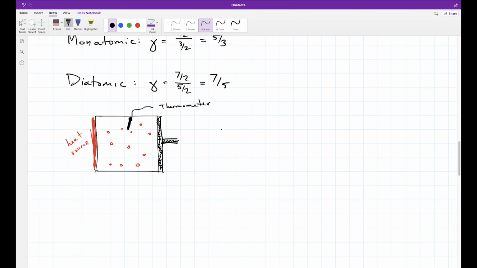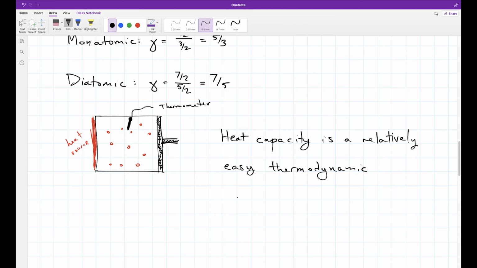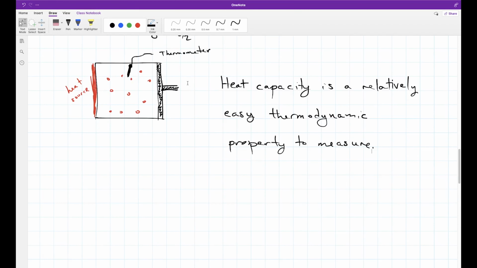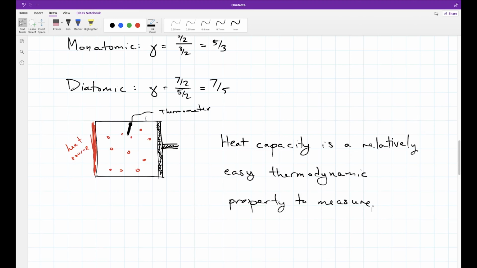So heat capacity is one of the easier quantities to actually measure. And similarly, the heat capacity ratio is something that we can easily derive just by getting these two heat capacities.